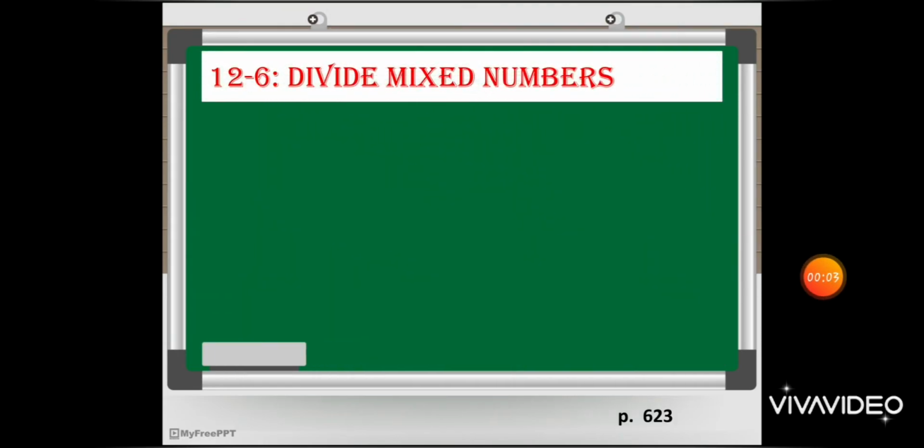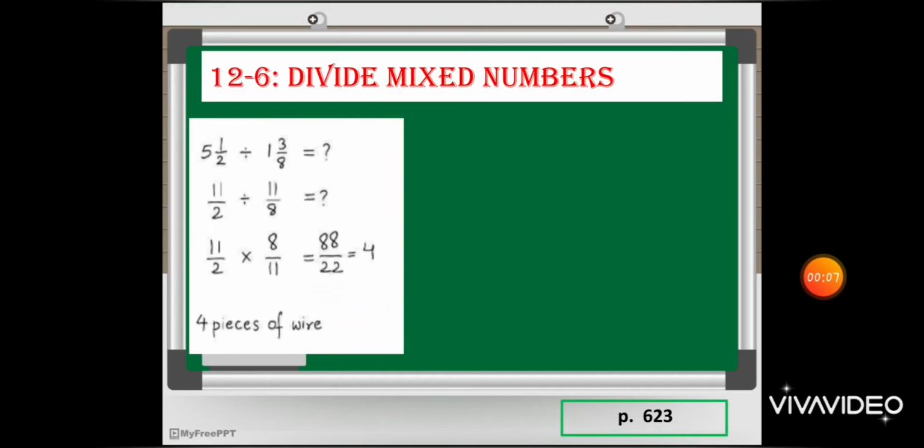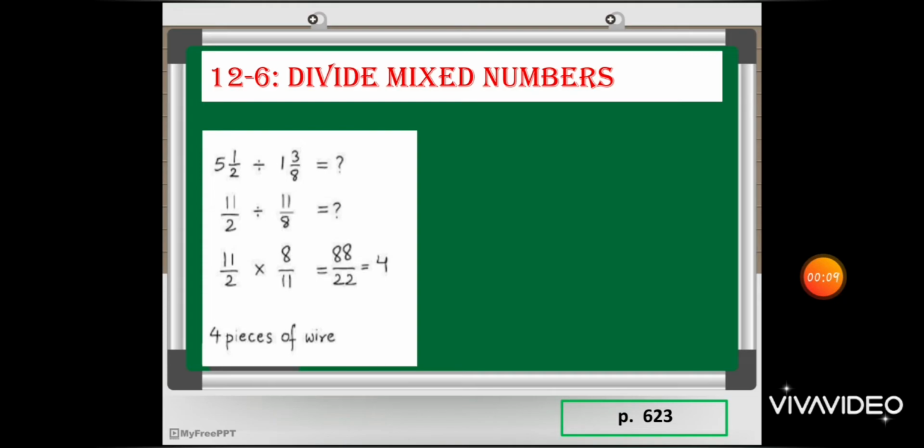To elaborate, take a look at this equation. So we have 5 1/2 divided by 1 3/8. First thing that we have to do is to change the mixed numbers into improper fractions. So 5 1/2 will become 11/2. How did we arrive at that answer?